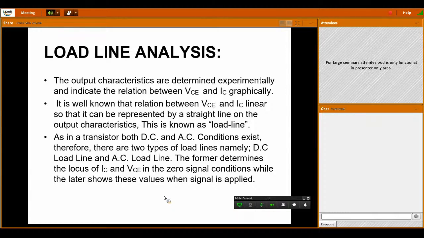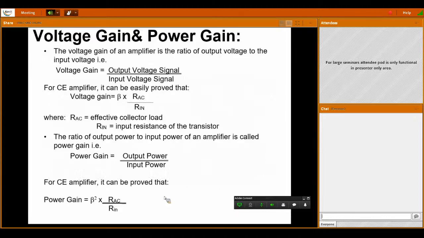So now in biasing we have just learned about your DC load line. In the same manner we will also calculate your AC load line by using the methods of your DC analysis and AC analysis. Next, how to calculate your voltage gain and power gain. The voltage gain is the ratio of your output voltage to input voltage.